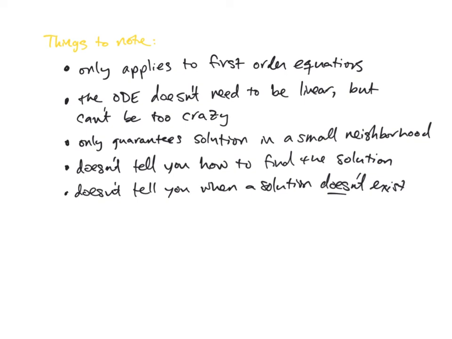And the other thing is that it doesn't tell you how to find the solution, and it doesn't tell you when a solution doesn't exist. But at least you have some way to start thinking, okay, a solution exists, maybe I should start worrying about how do I find it.